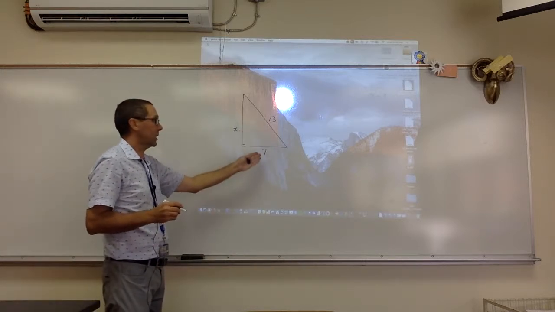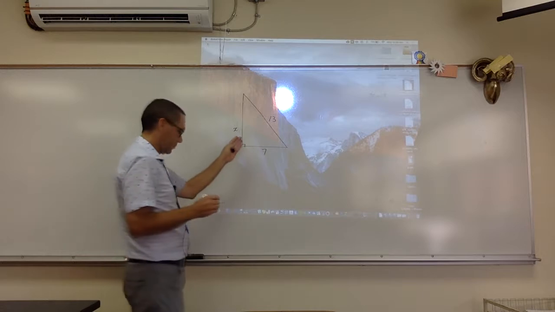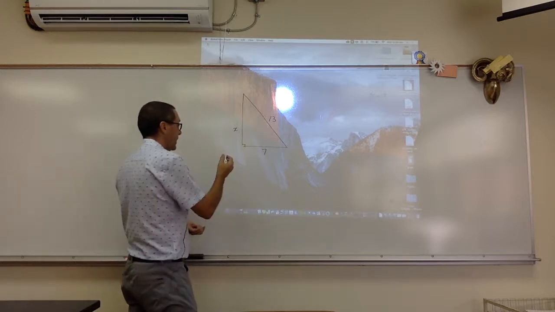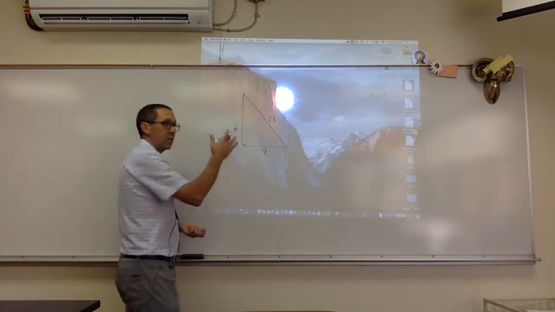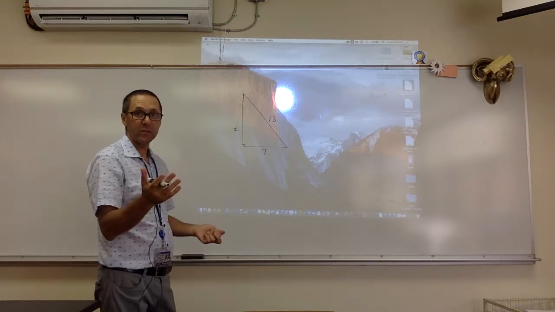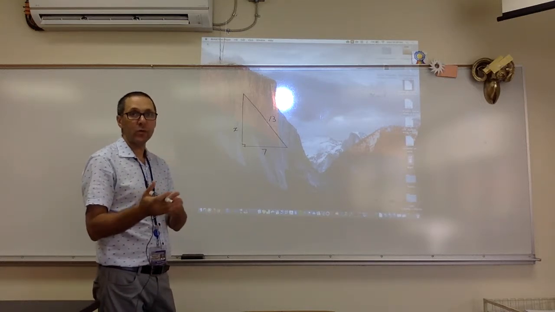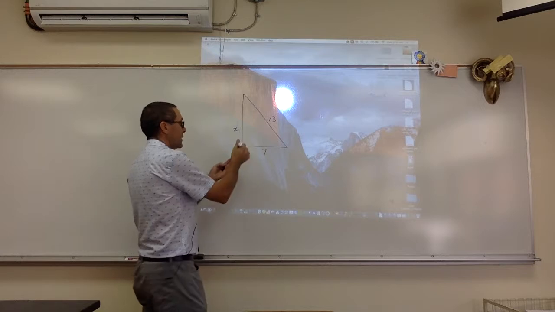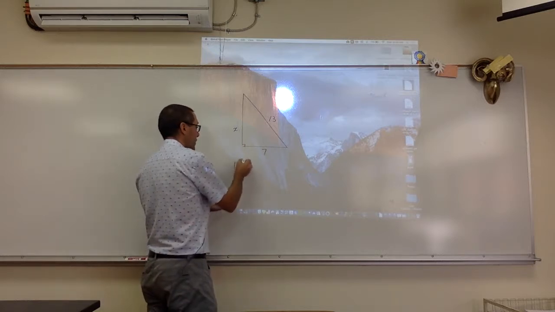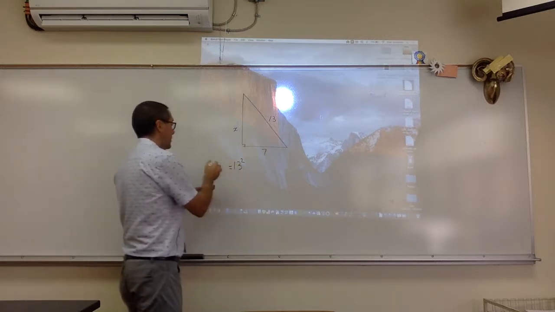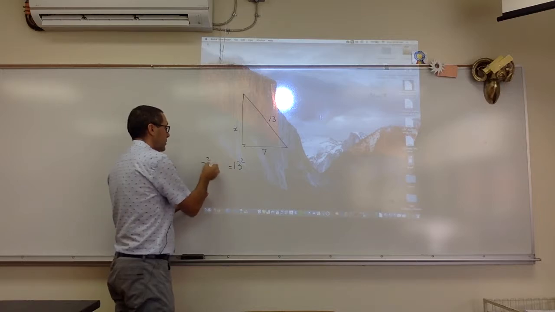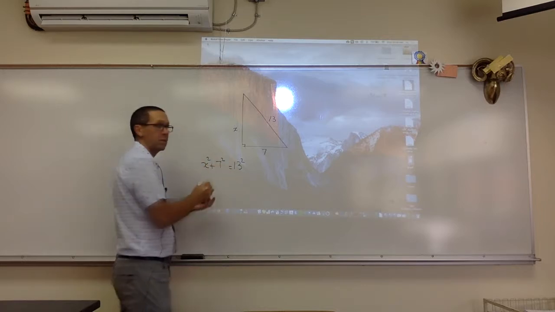If I have two legs in a right triangle, I should be able to find the third leg. You're going to use a squared equals b squared plus c squared, or c squared equals a squared plus b squared. The hypotenuse squared is equal to the square of the other two sides added together.